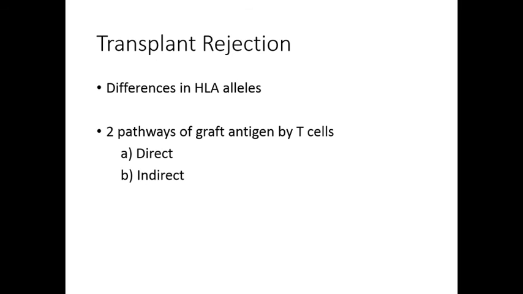The graft proteins will be complexed with the MHC molecules of the recipient and presented to the recipient's T cell, and it will be rejected in that way. So we have the direct and the indirect pathway, and I think that is about it for MHCs and transplant rejection. Thank you.